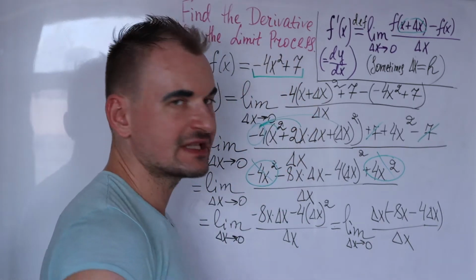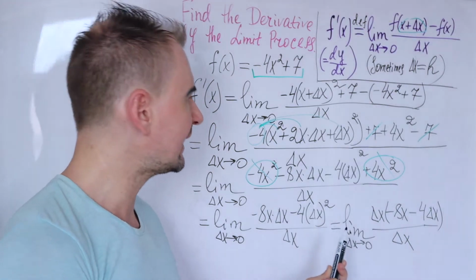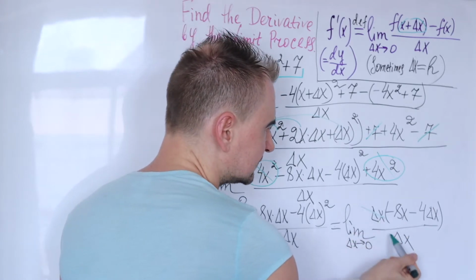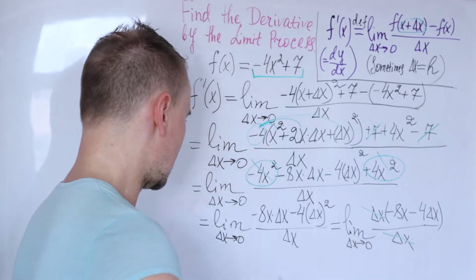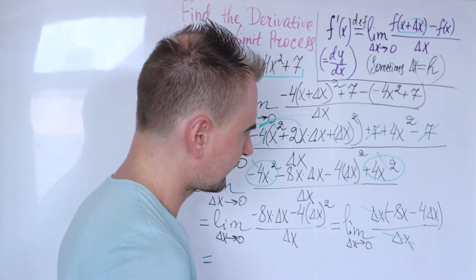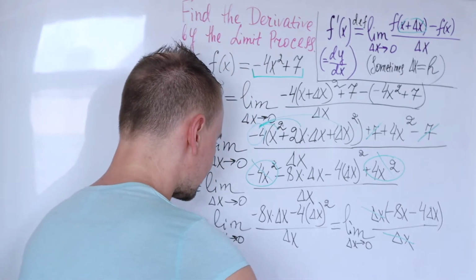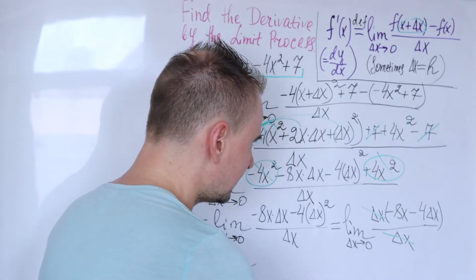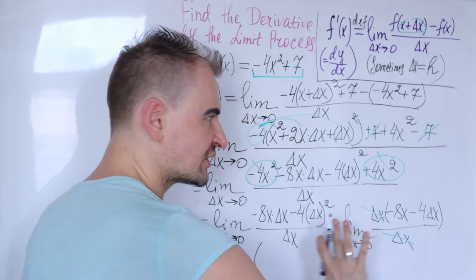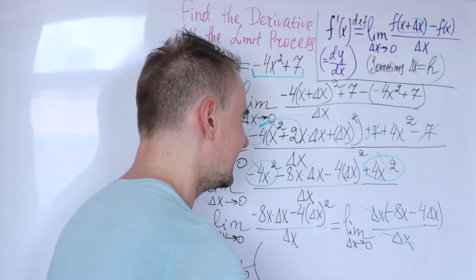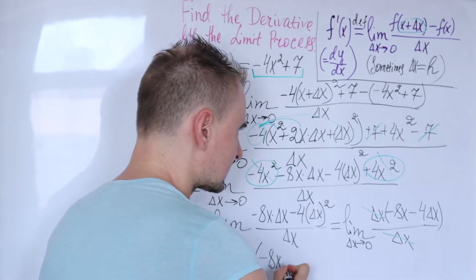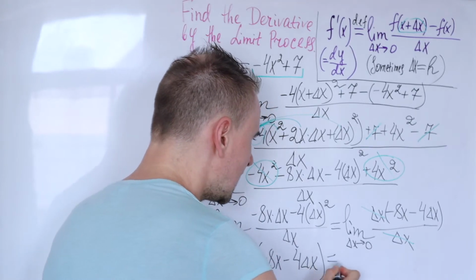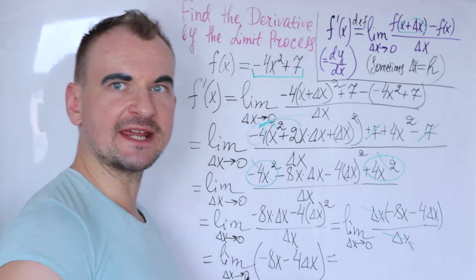Now, at this point, since your delta x shows up on top and bottom, cancel it out. Alright, so keep the limit, and you would be left with, no fractions, we got rid of this, finally, negative 8x minus 4 delta x. Now we're ready at this point to take the limit.